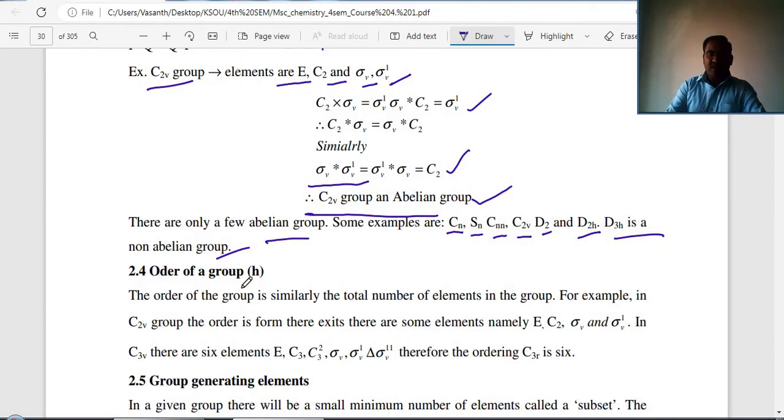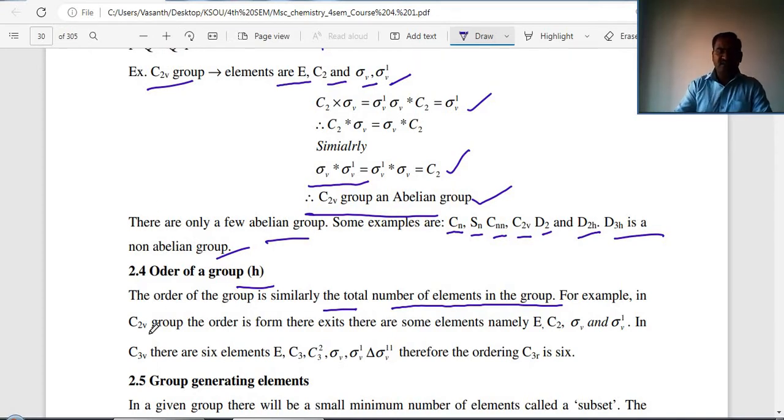What is the order of a group? The order of the group, h, is simply the total number of elements in the group.